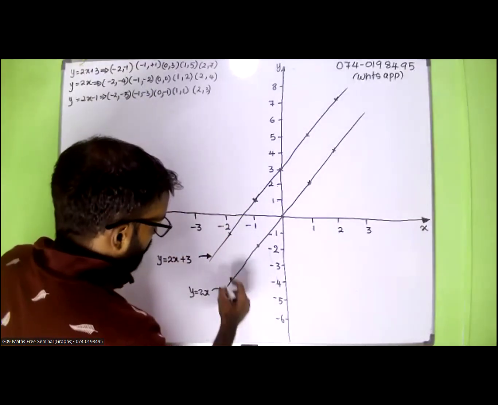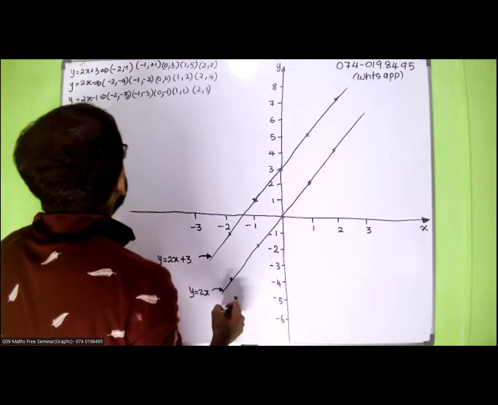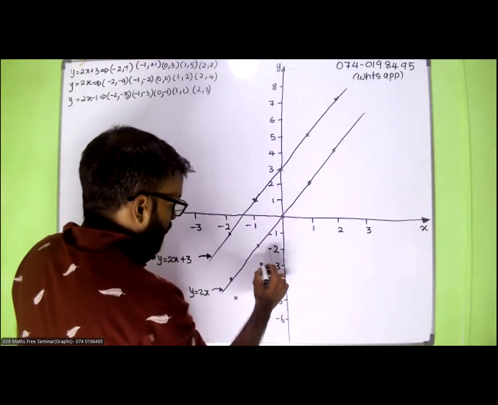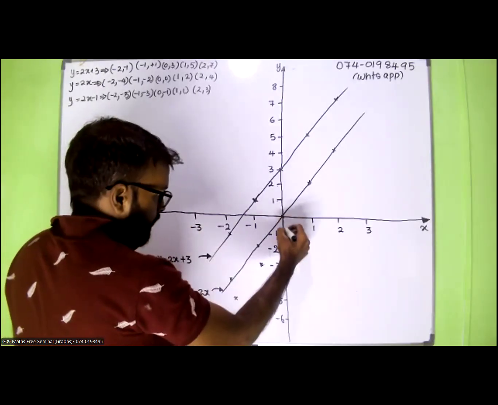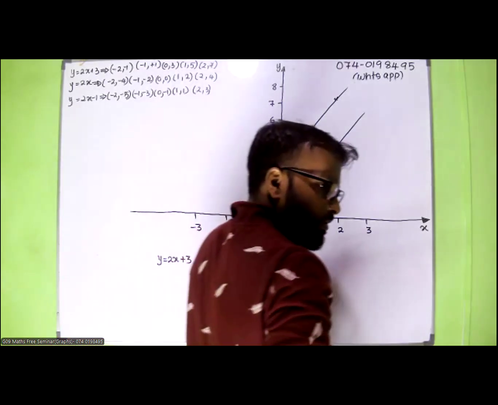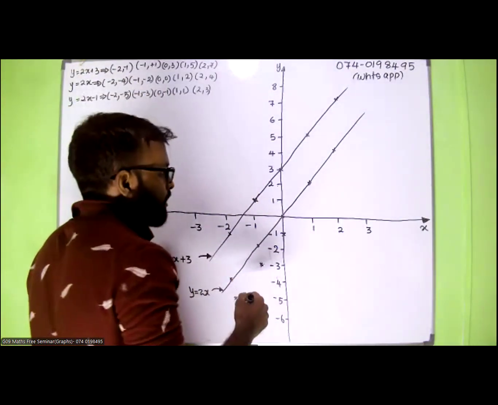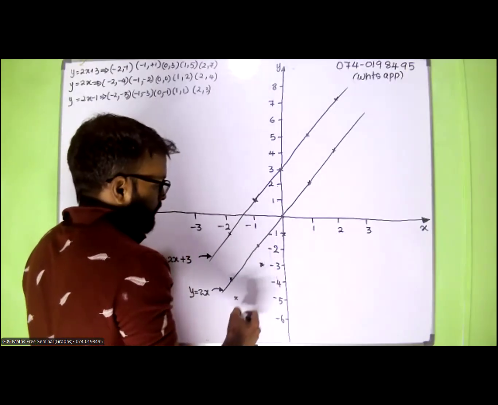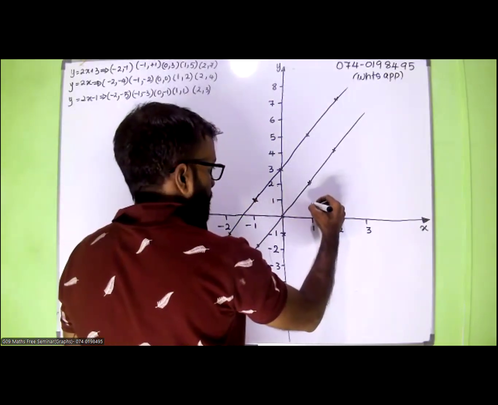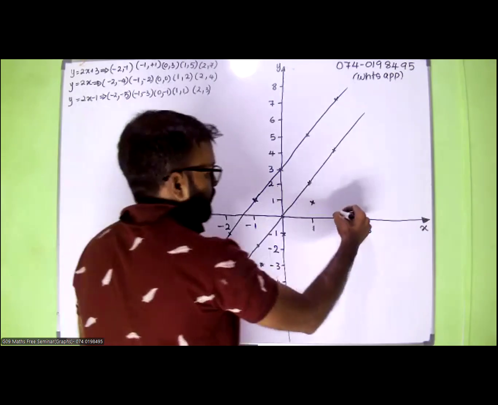Then next, (-2, -5) is somewhere around here. Then (-1, -3), then (0, -1), somewhere around here. Then (1, 1), then (2, 3).